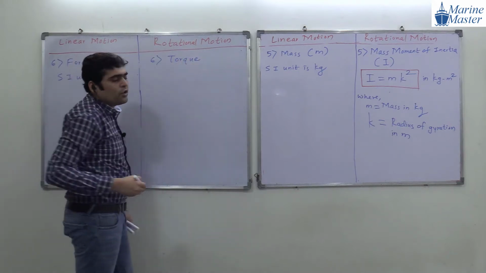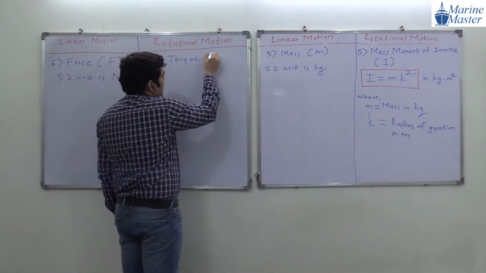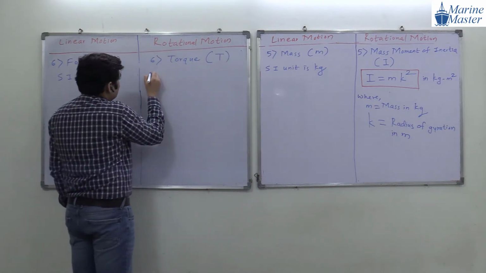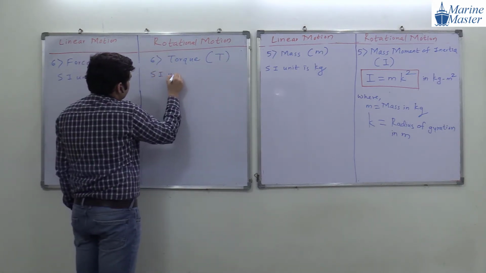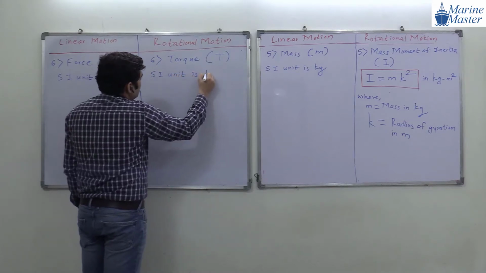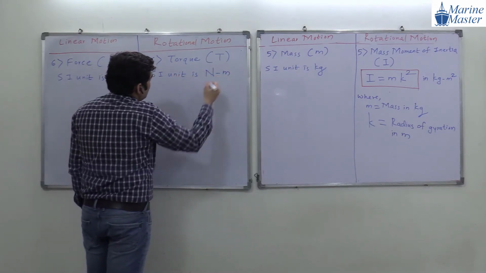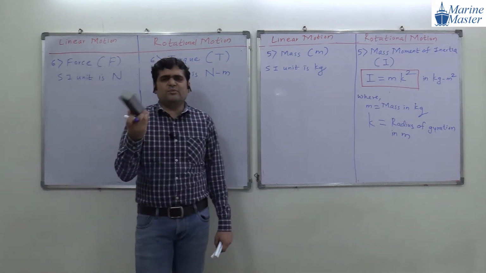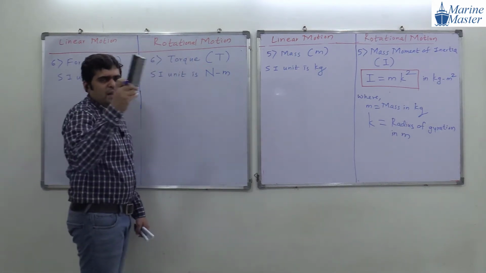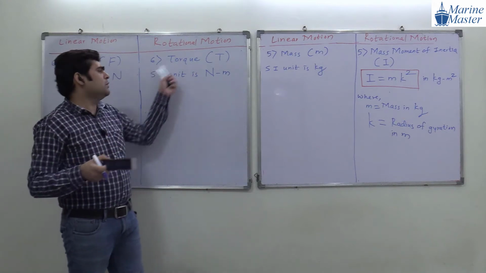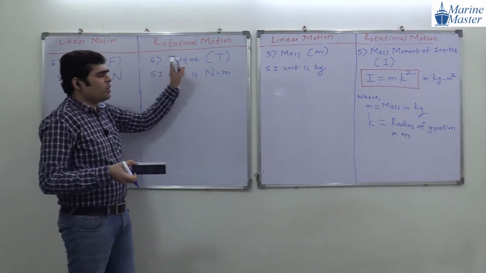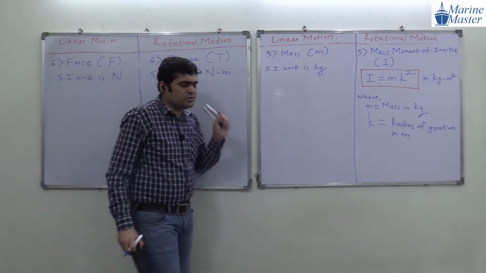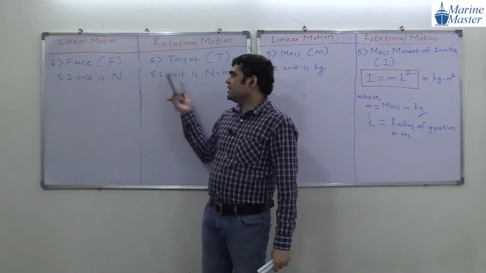Torque is denoted by capital T, and SI unit of capital T is Newton meter. Sometimes we may say torque, or in some words twisting moment also. But when we are doing torsion, in that scenario we will use twisting moment. But for just now in rotational motion we will use only torque. So please everyone write down the 6th point. Force here, here torque.